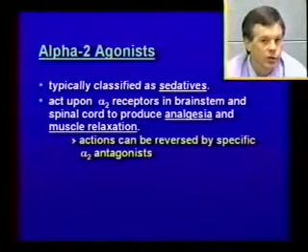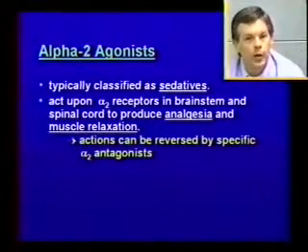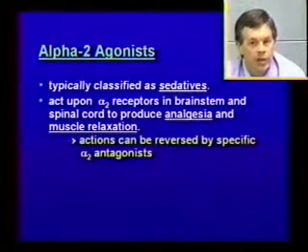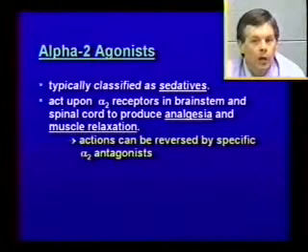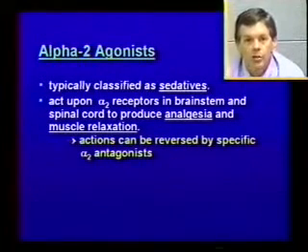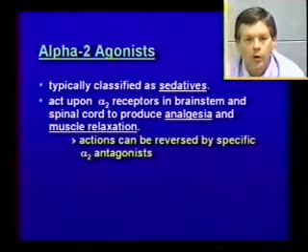Second group of drugs that are used to treat pain in animals are the alpha-2 adrenergic agonists. These drugs, for which the prototype is xylazine, is the oldest drug within this group, act primarily in the central nervous system and spinal cord. These agents, as their name indicates, are drugs that stimulate alpha-2 adrenergic receptors in the brain and spinal cord.